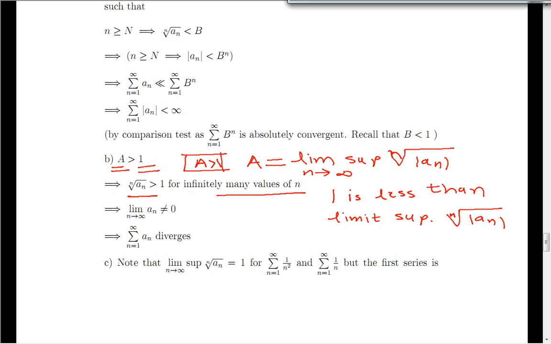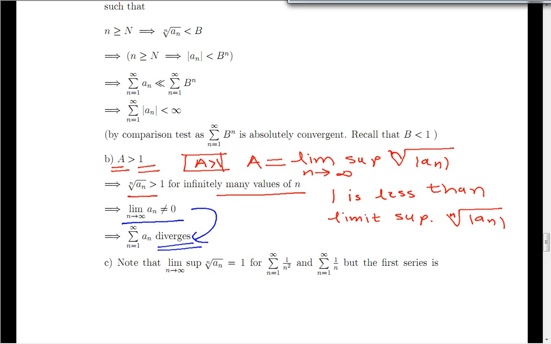Now, if there are infinitely many terms of the sequence which are greater than 1, it means that the sequence will not converge to 0. So by necessary condition for convergence of series of real numbers, we can say that series diverges.